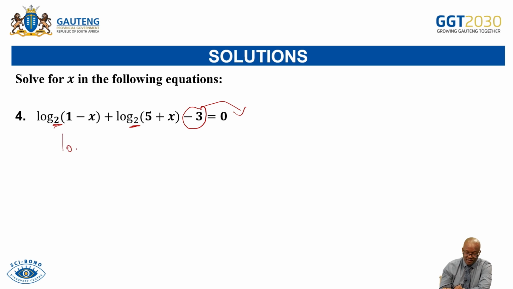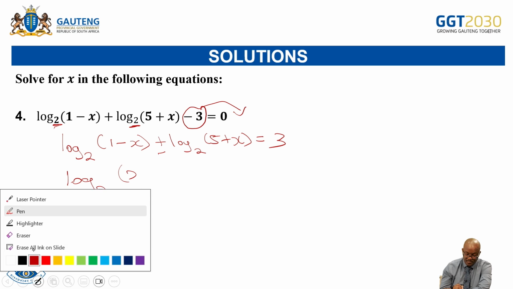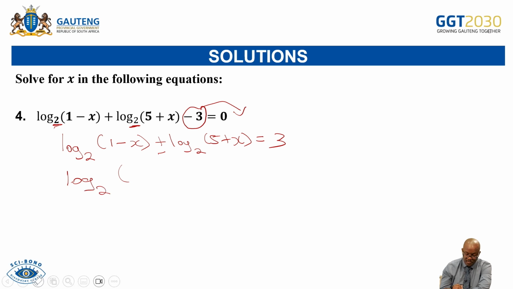So we're going to have log base 2 of 1 minus x plus log base 2 of 5 plus x is equal to +3. Because of this positive, I will multiply the two brackets, but I will still have log base 2 of 1 minus x multiplied by 5 plus x is equal to 3.